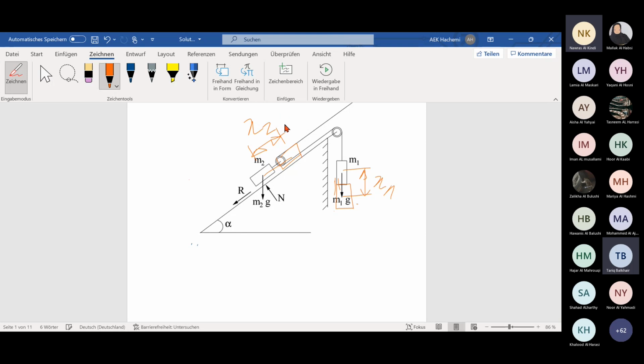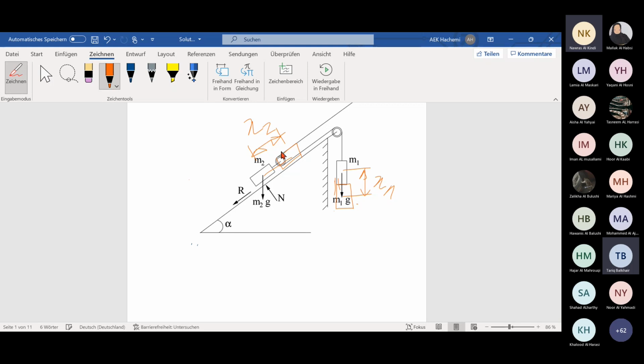Now what we see is that it's one cable, but due to the pulley here, this cable is divided into two parts. This is the cable part one, and the cable turns around here to the part two. If the mass one were attached to the mass two with only one cable, for example, with no pulley here, the distance x1 would be equal to x2.